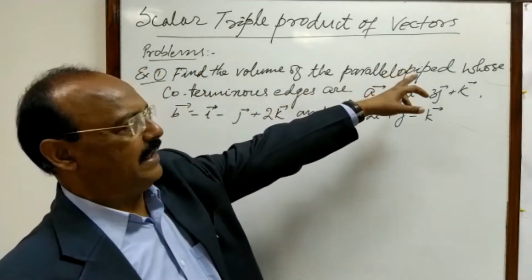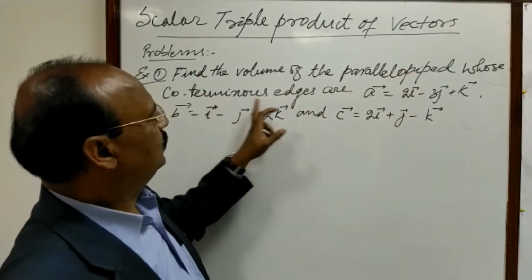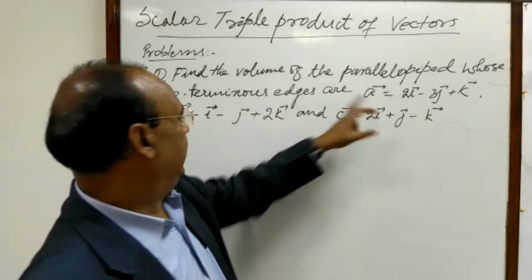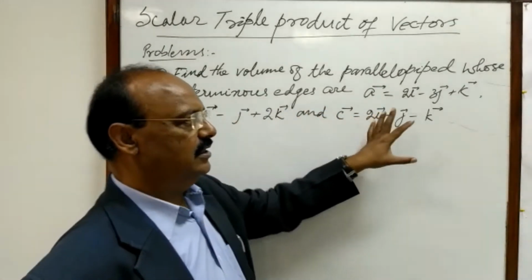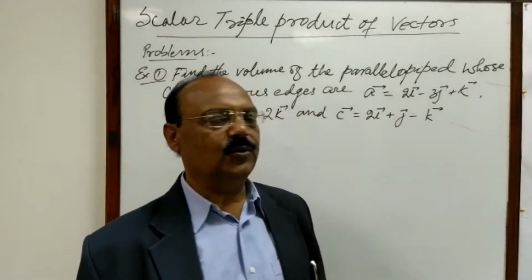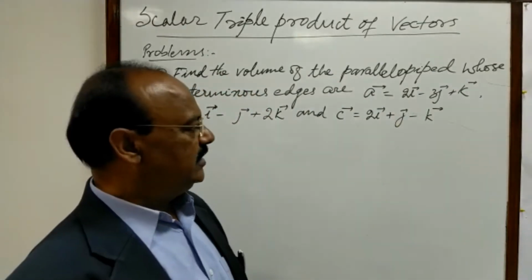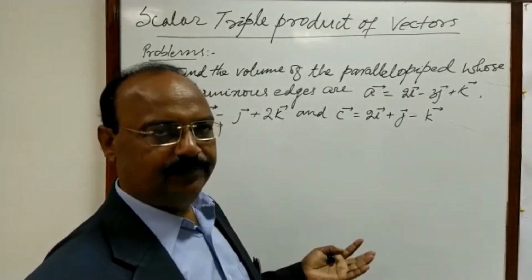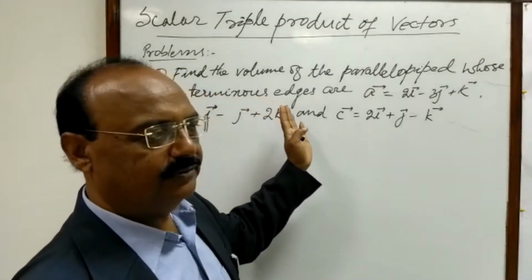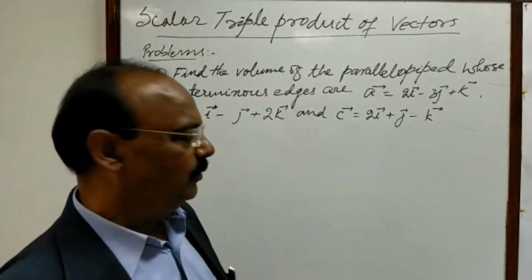Find the volume of the parallelepiped whose coterminous edges are A, B and C. These three vectors are given which are coterminous edges of a parallelepiped. So let us make it clear with the help of a diagram. What is the meaning of coterminous edges of a parallelepiped?